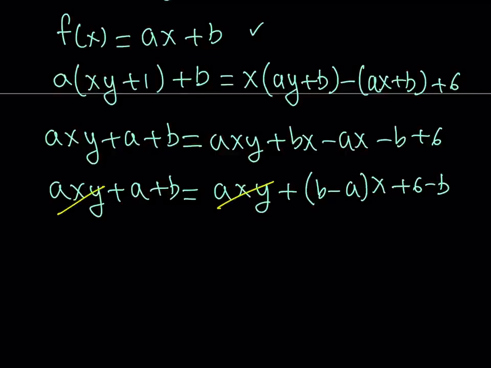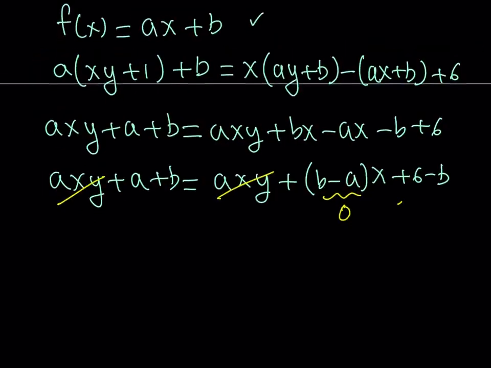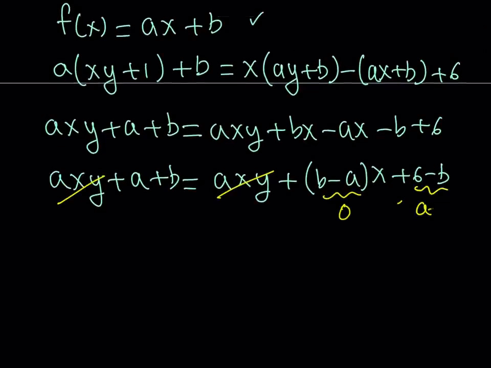On the right hand side we have a linear expression, but on the left hand side we have a constant, because a and b are constants. So it's impossible unless the coefficient of x is equal to 0. When it is 0, we got rid of the x. Now we have the equality of two constants, therefore they have to be equal, which means that 6 minus b needs to equal a plus b, which is our constant on the left hand side.